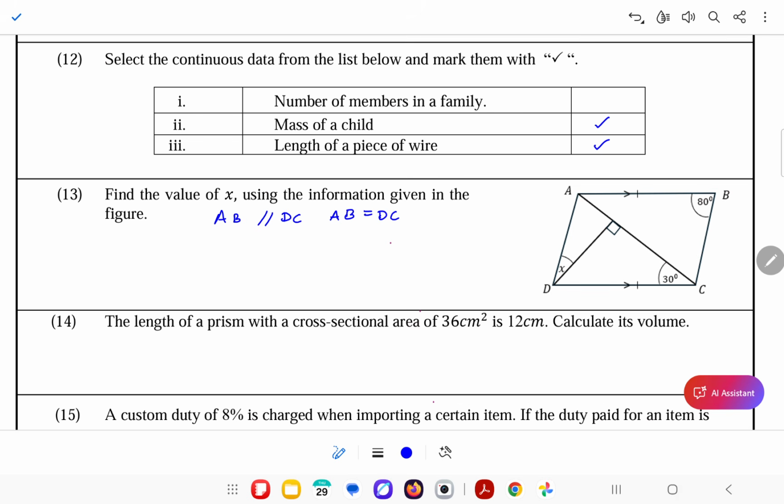So that means what? If a pair of opposite sides are parallel and equal, then this quadrilateral is a parallelogram. So this is a parallelogram. These two sides are also going to be parallel and equal to each other.